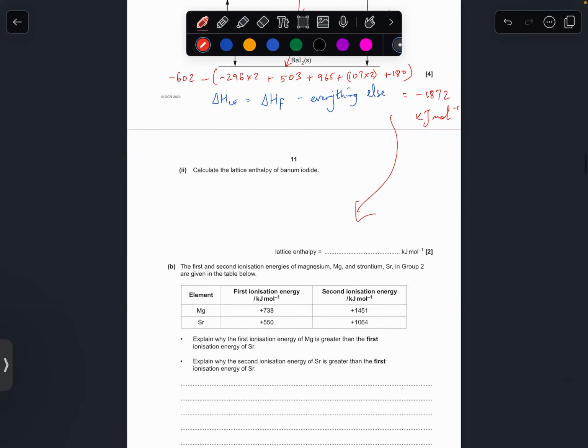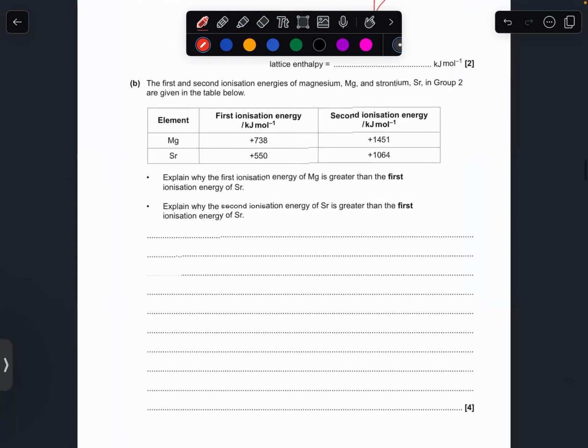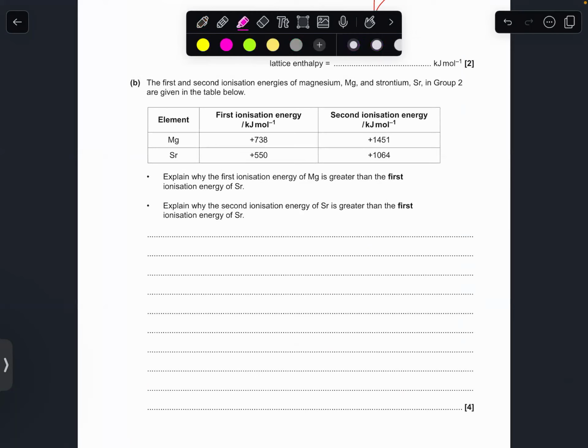The next question, though we're looking at an A2 question, is actually a year 1 type question. This is on the first and second ionization energy of magnesium. And you can see here, it's asking you to compare the first ionization energy of magnesium versus strontium.